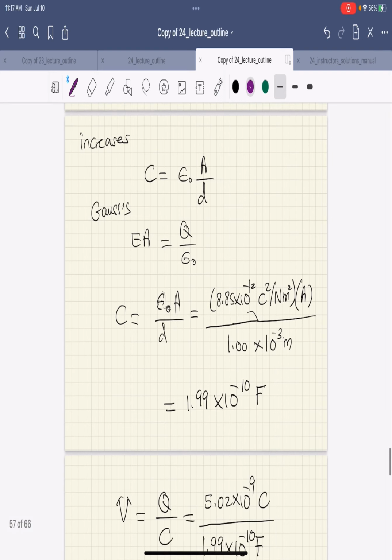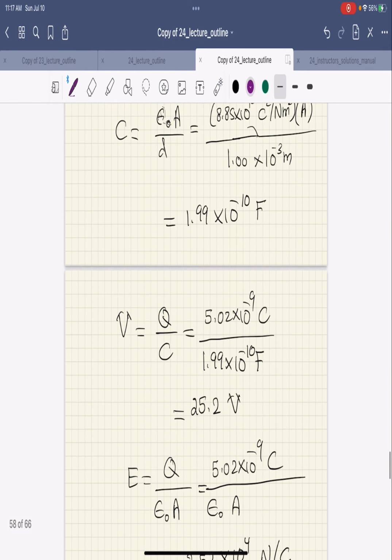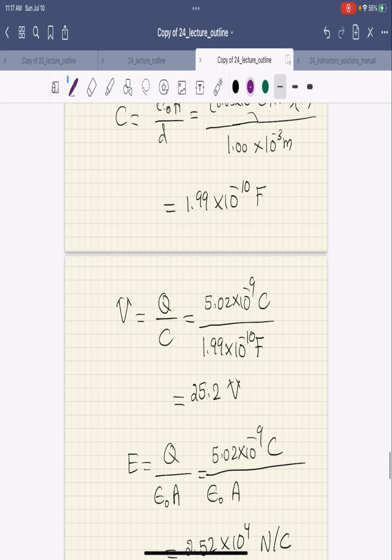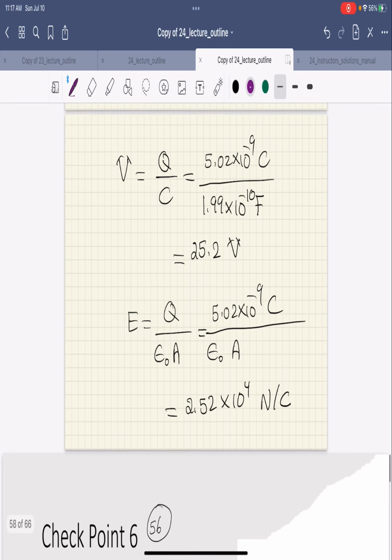Then I calculated the new capacitance, epsilon 0 A over D, which is 1.99 × 10^-10 farads, and then V is Q over C, which is 25.2 volts, and I can calculate E to be Q over epsilon 0 A, and that is the new electric field.